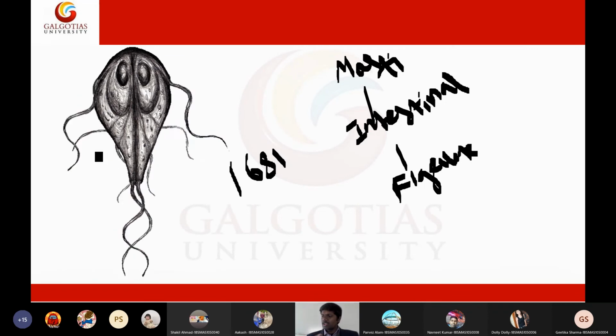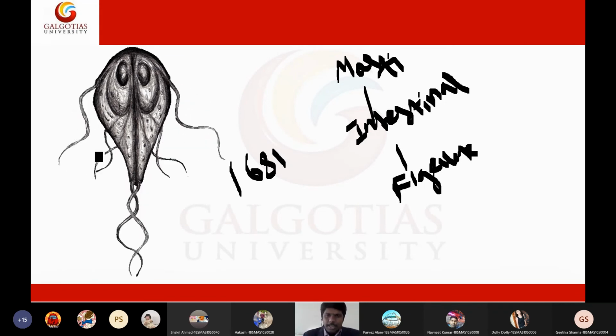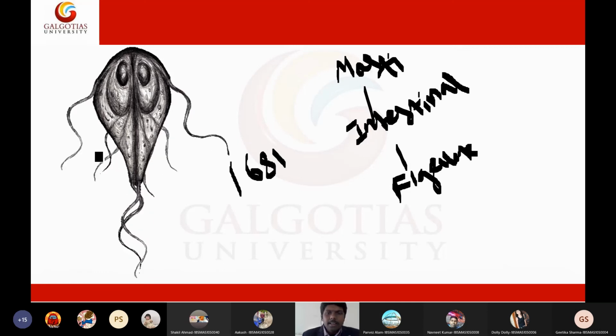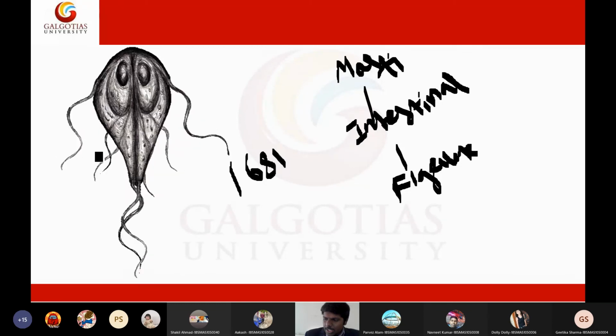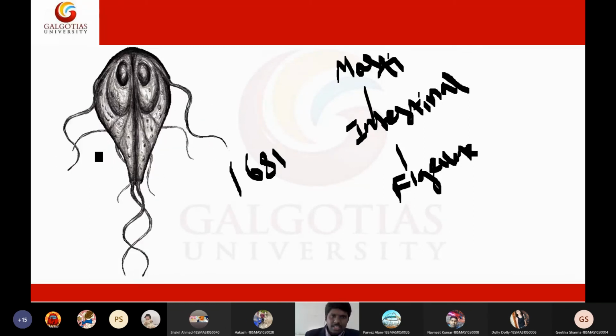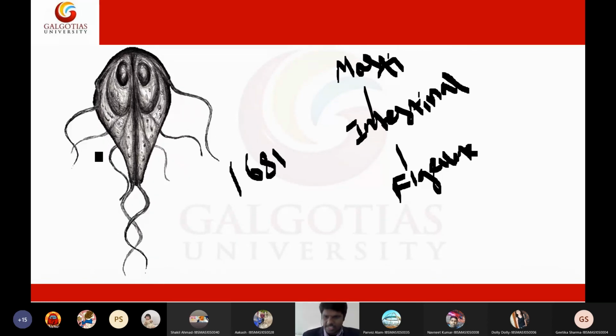They will discharge this foul smelling, green colored, semi-solid stool, and they will also develop nausea, lack of appetite, vomiting sensation, and abdominal pain. These are the typical symptoms of giardiasis.